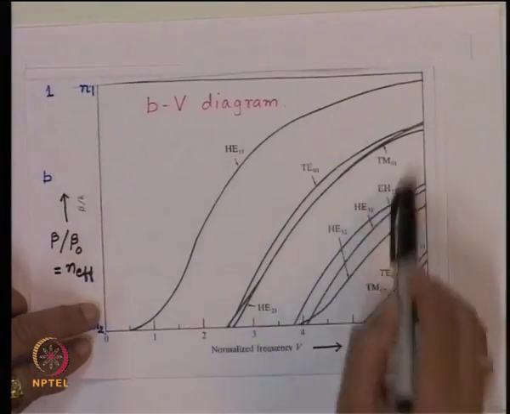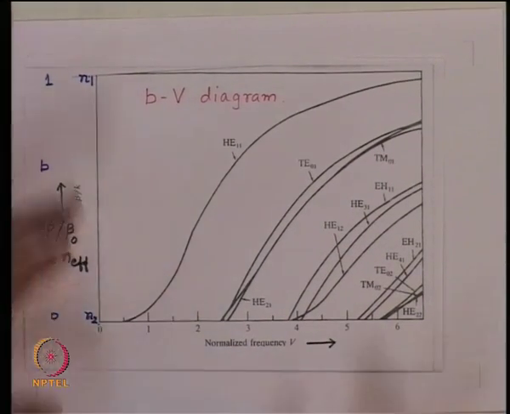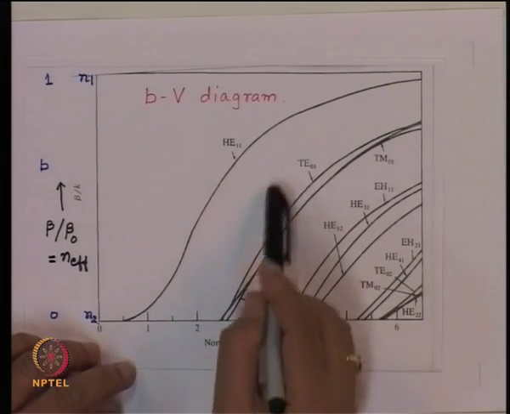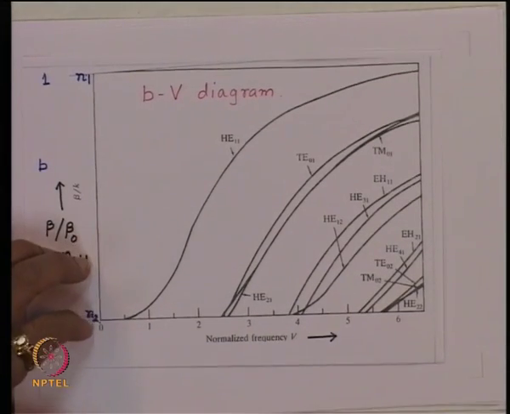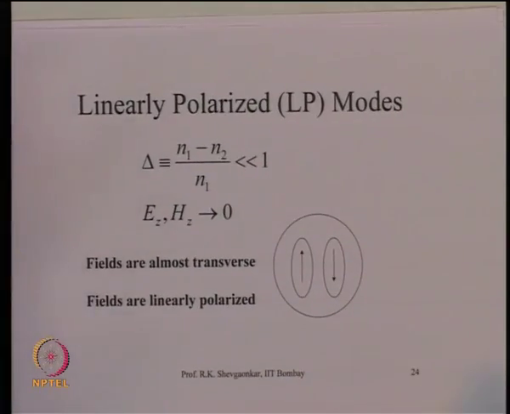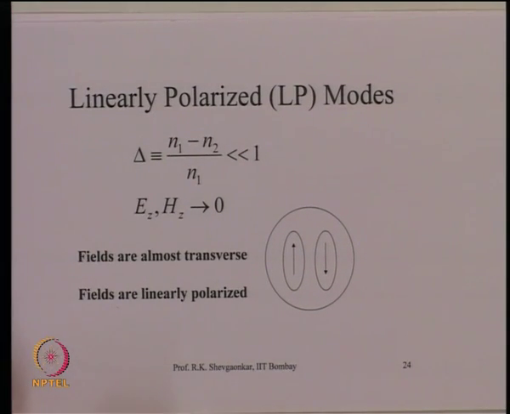But if I consider the second set, which is a combination here, even after these three modes become degenerate, that means they have the same phase constant, you will see a distribution which is linearly polarized. So, in any practical fiber, we do not see the general hybrid or TE or TM modes, because a combination of these degenerate modes always generates field distributions which are linearly polarized.